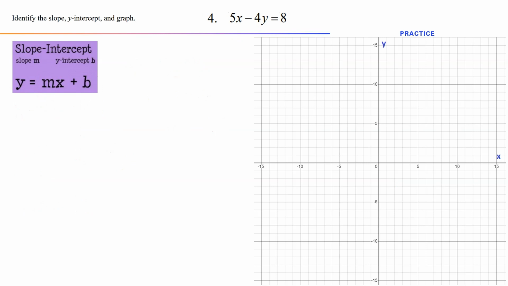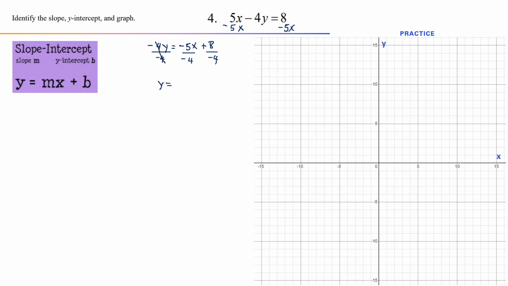The same for these questions. So we subtract 5x from both sides. We'll have negative 4y equals negative 5x plus 8. Now divide both sides by negative 4. We have y isolated on one side.